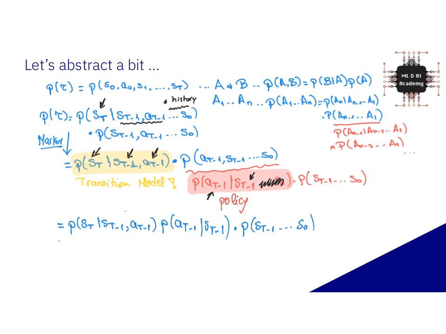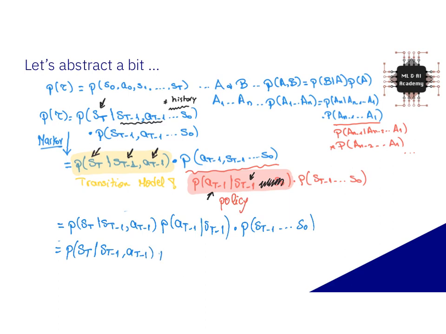So now you can just simply apply this chain rule over and over again until you go back to S0, right? So you can say, I have now s_{t-1} conditioned on s_{t-2}, a_{t-2}, times a_{t-2} given s_{t-2}, times dot dot dot, up to the first S0. So what you can do now is write this as p of s_t given s_{t-1}, a_{t-1}.